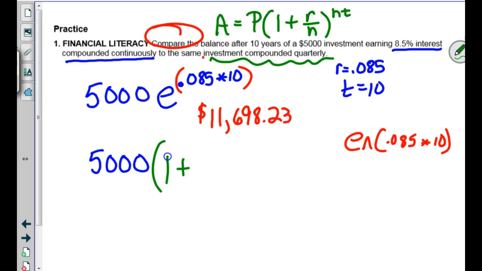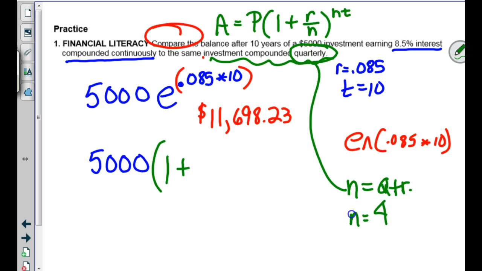Parenthesis, 1 plus R divided by N. What's N? N is quarterly. So we're going to use what number? Quarterly is 4. So the interest of 0.085 is being divided out over 4 compoundings.